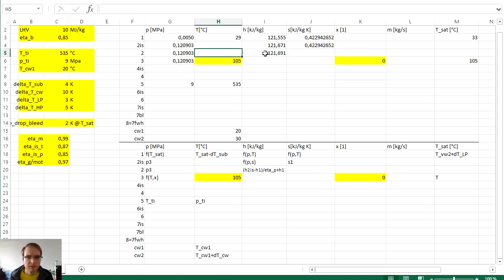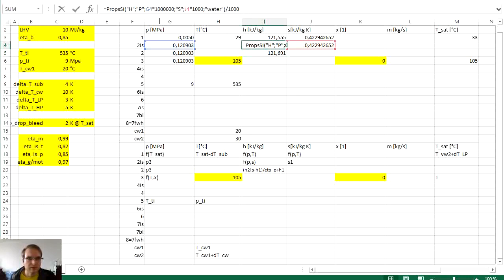So similarly, for point number 2 we have again two thermodynamic parameters, pressure and enthalpy, and from them we can, if we want, obtain for example the temperature. So I will use this function.